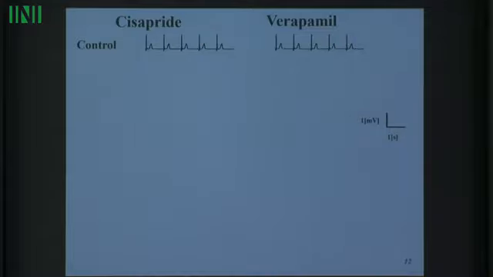This slide compares the 2 drugs. This one is cisapride, already withdrawn from the market due to the arrhythmic event. This one is a calcium blocker with virtually no report of arrhythmic event, despite the long history of clinical use.